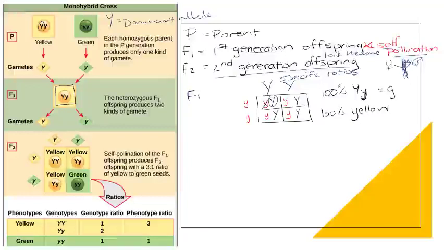This is my genotype ratio. And this is my phenotype ratio. Okay. Now, remember the second generation, what he did is he self-pollinated those plants.